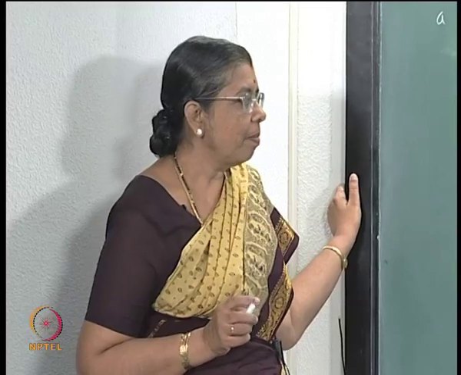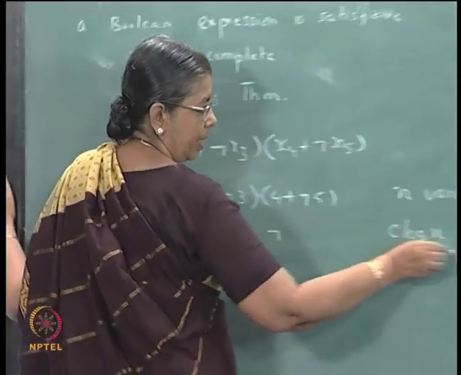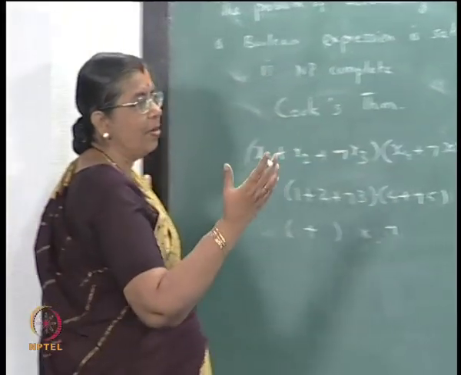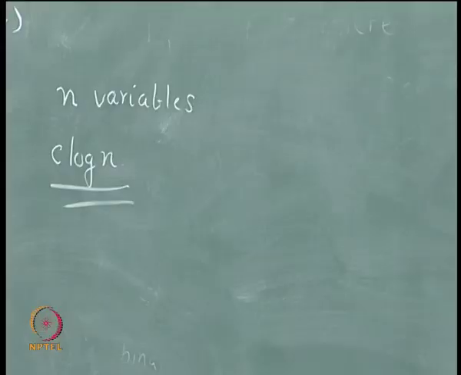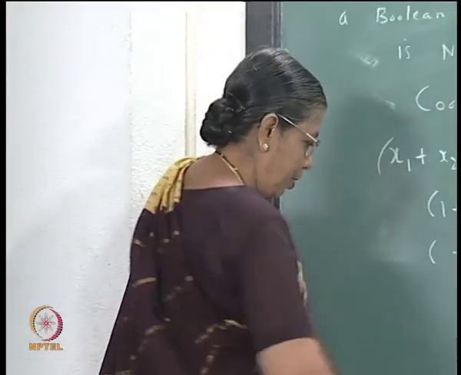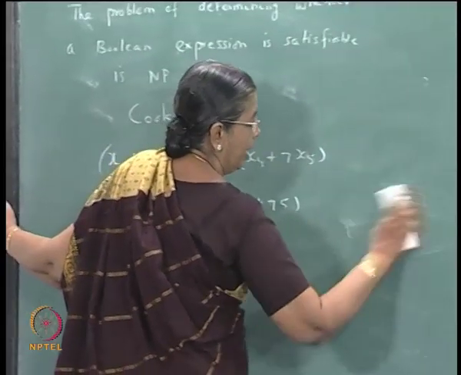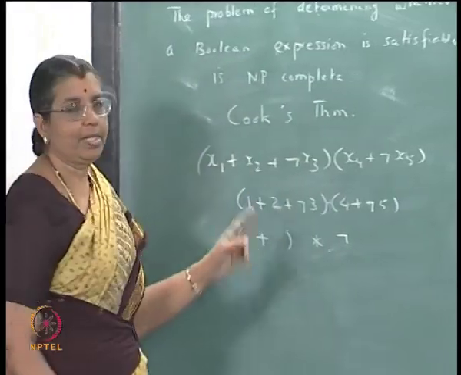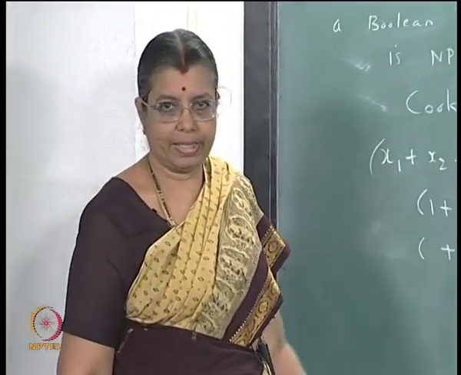But let us not bother about this factor, because ultimately when you have a polynomial time, multiplying by a log n is not going to affect the polynomial or the non-polynomial time of it. So, let us not worry about that. Assume that every variable is represented as one symbol like this.